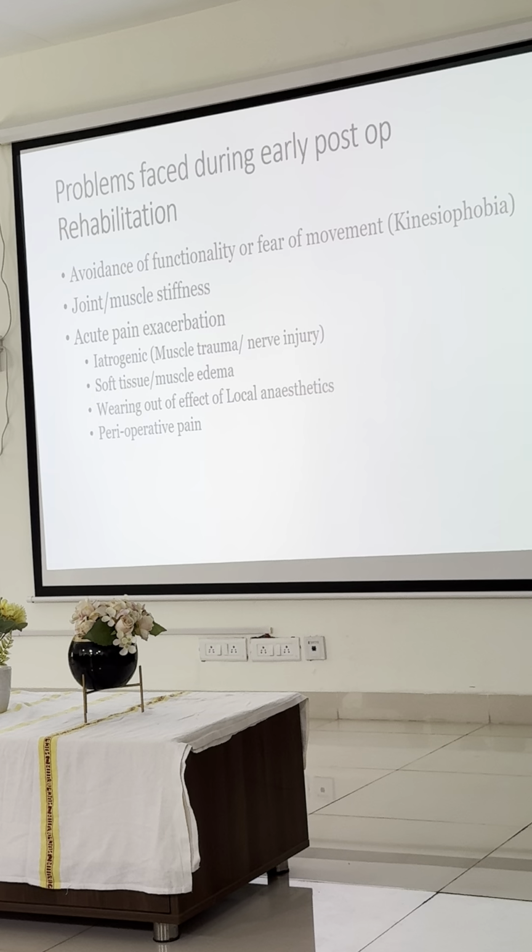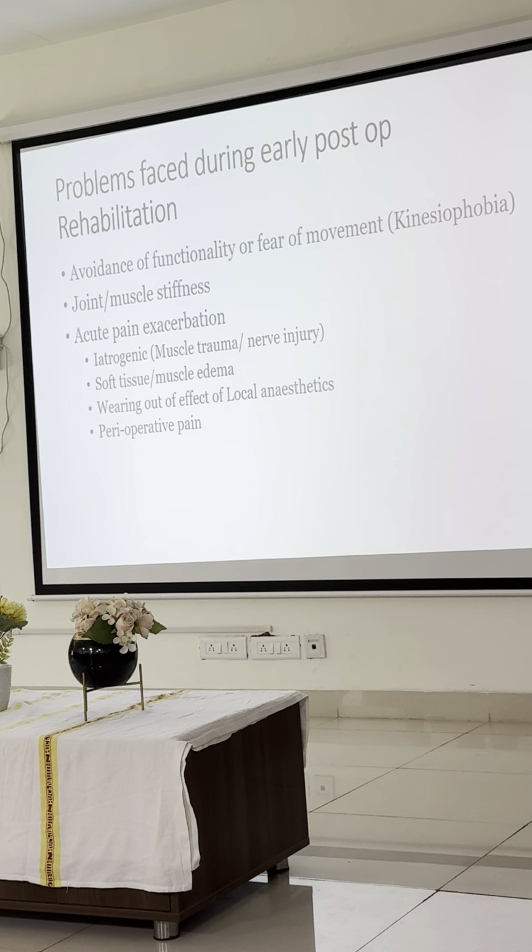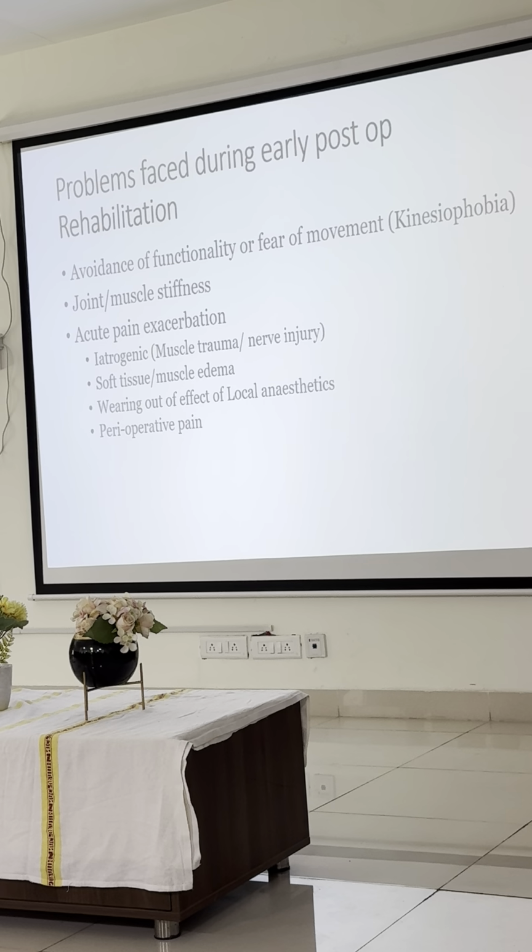Joint and muscle stiffness are always there, especially at the site of needle insertion. For example, for lumbar procedures, erector spinae muscle spasm is always there. Acute pain exacerbation is also possible due to needle injury. When we insert our needle, it causes iatrogenic injury to the muscles, soft tissue, even the ligament area.